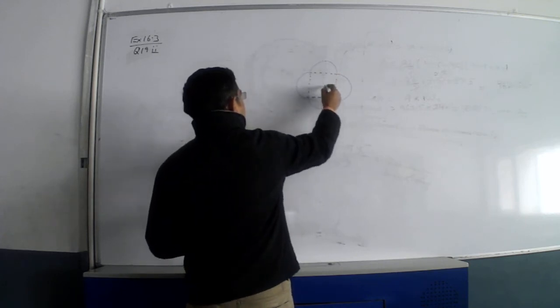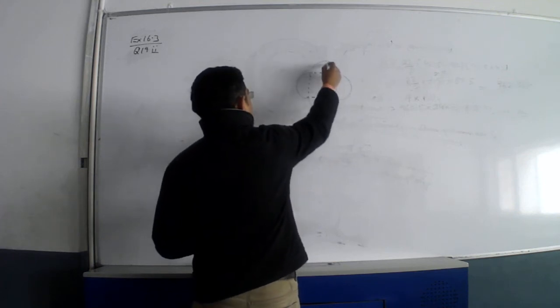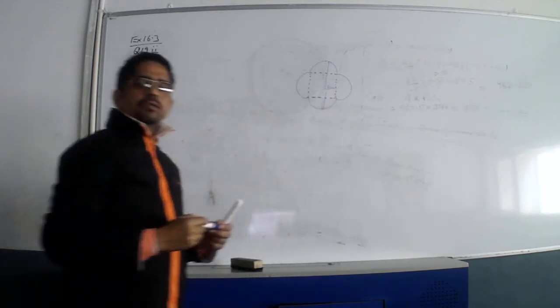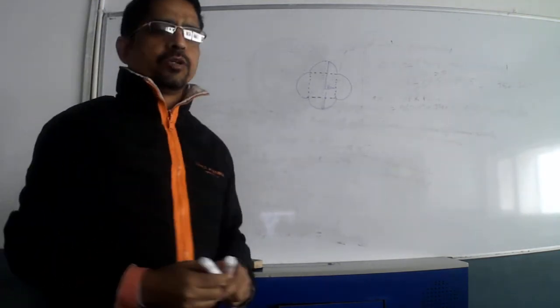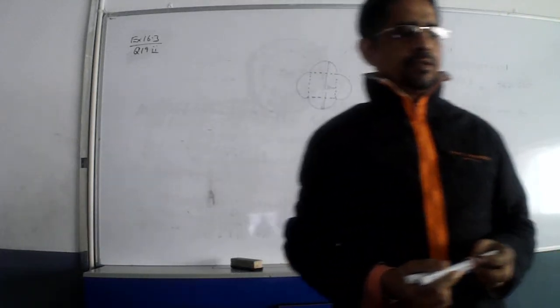The length is given 28 centimeter. So this is the only thing that is given in the question. The length from the top to the bottom is given 28 centimeter.